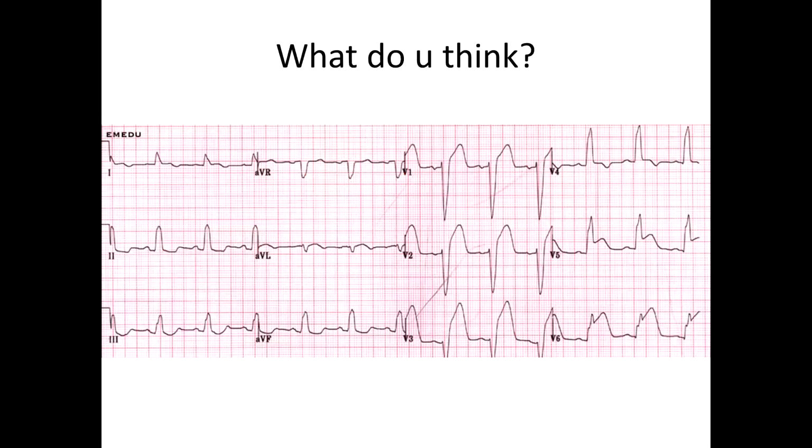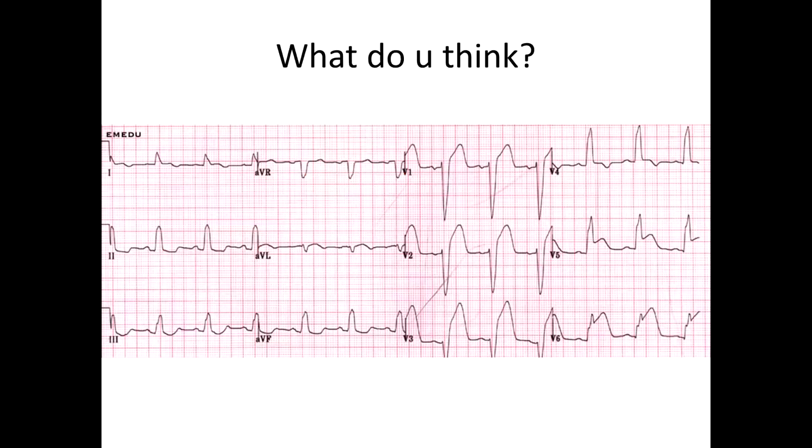That means it's wide. Now I would look at all of the QRS complexes, make sure they're all preceded by P waves and that they're all greater than 0.12 seconds before I say bundle branch block. Once I determine that, then I look at V1 and I say to myself, is the QRS complex predominantly downwardly deflected or upwardly deflected? If it's predominantly downwardly deflected, that means that it is a left bundle branch block. If it was predominantly upwardly deflected, that means it's a right bundle branch block.